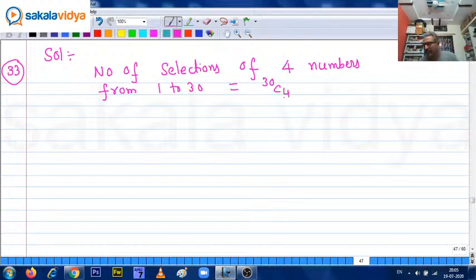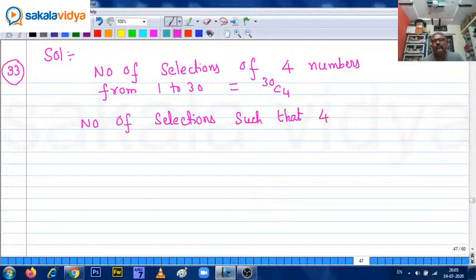This is the total without any restriction. Now with the restriction, the number of selections such that four numbers are consecutive.